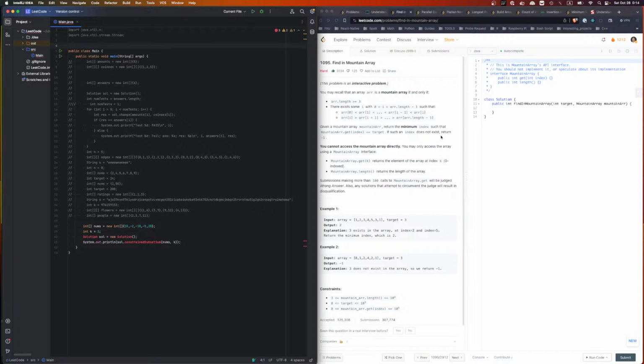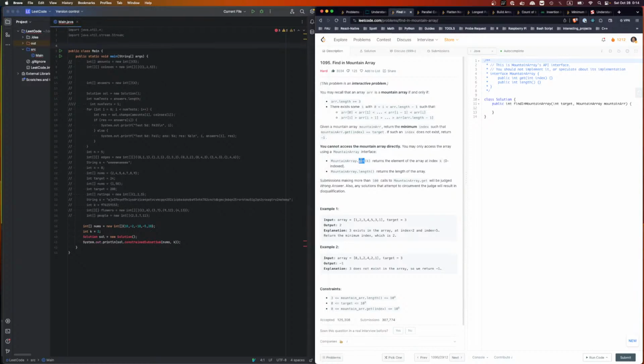If such an index does not exist, return -1. You cannot access the mountain array directly. You may only access it through interface.get, which returns the element of the array at k, 0 indexed, and the length.